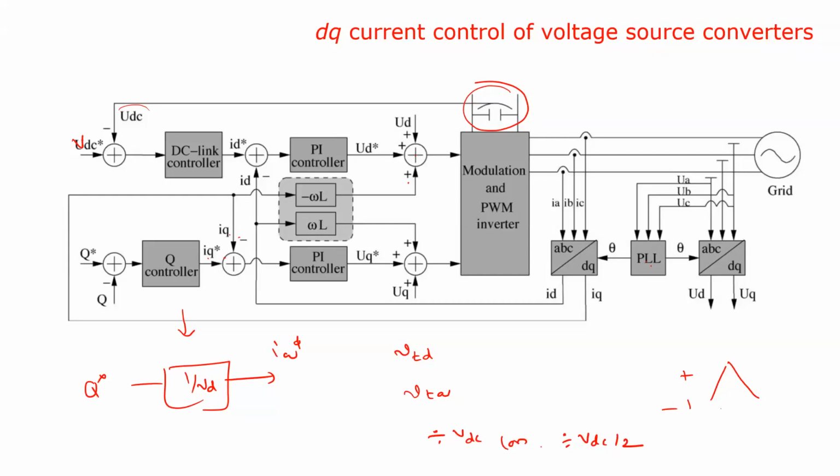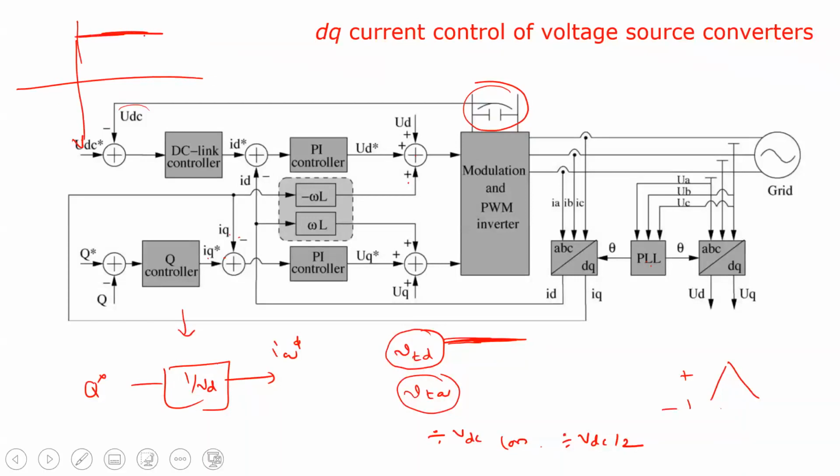Okay, and another thing is that if some noise is present in this VTQ value, for example this VTD, right, VTQ, VTD. This is the D-axis component, which is supposed to be a straight line. But sometimes, if some disturbance or some control reaction is there, it produces something like this. Okay. To reduce these high frequency noises, we can connect a low pass filter after this.